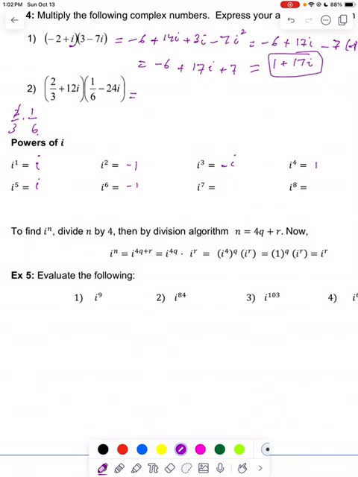So we have 3 here, so we end up getting 1 over 9. Now we have to multiply the 2 over 3 with the negative 24i. So 2 over 3 times 24: 3 8s are 24, so I get 16. There was a minus sign, so minus 16i.